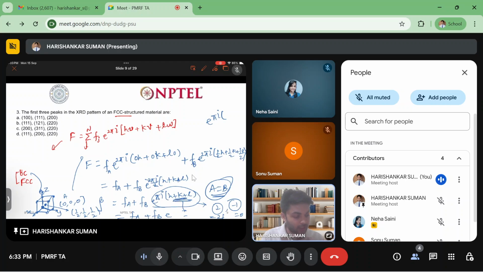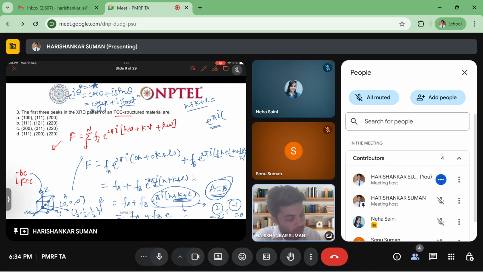You have to comment on H plus K plus L. Use the formula e to the power i theta equals cos theta plus i sin theta. Put theta equal to 2 pi: cos 2 pi plus i sin 2 pi, where sin is 0 and cos is 1.